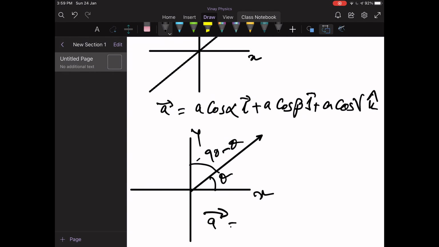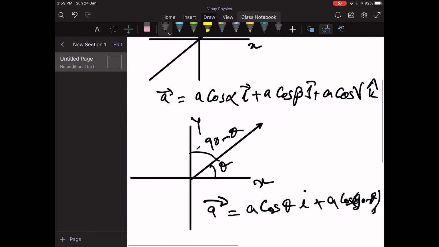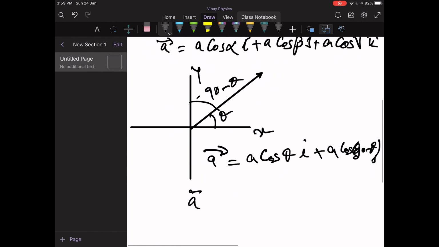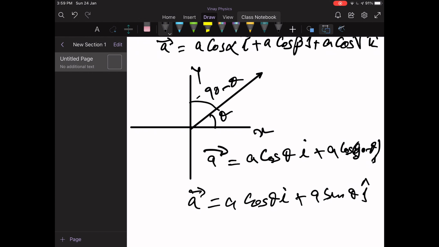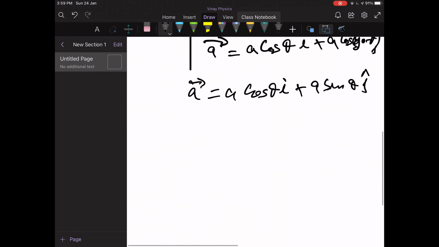So this vector A will become A cos theta i plus A cos(90 minus theta) j, which is nothing but A cos theta i plus A sin theta j, which is what we learned in the previous video.